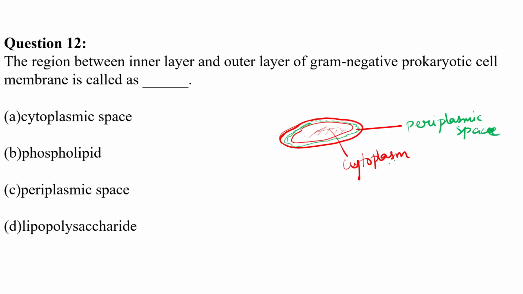If I say that a particular protein is present in the periplasm, that means it is present in this region. And if I say this protein is cytoplasmic, that means it is present in the center region inside the inner membrane.